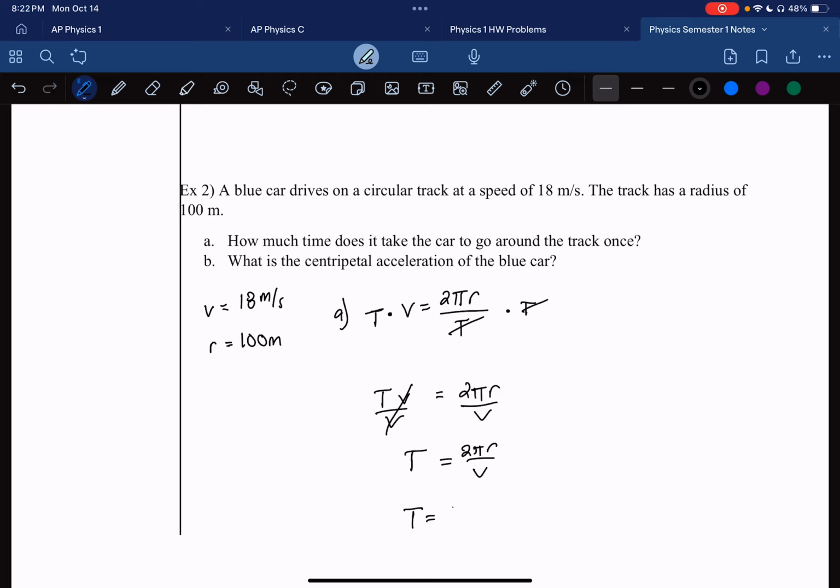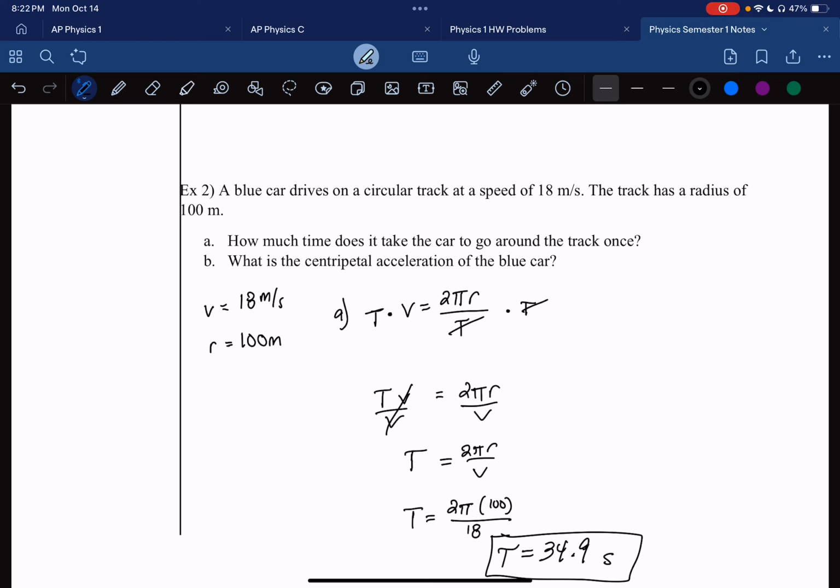So now we will substitute 2 pi 100 over 18. We'll type that in the calculator. We get 34.9 seconds. Again, really close to rounding on that one, but it's 34.90.